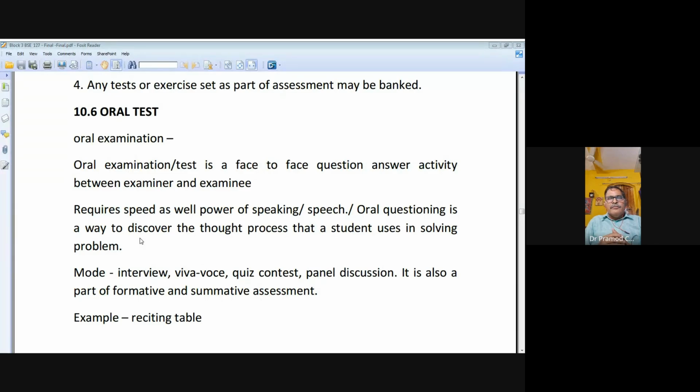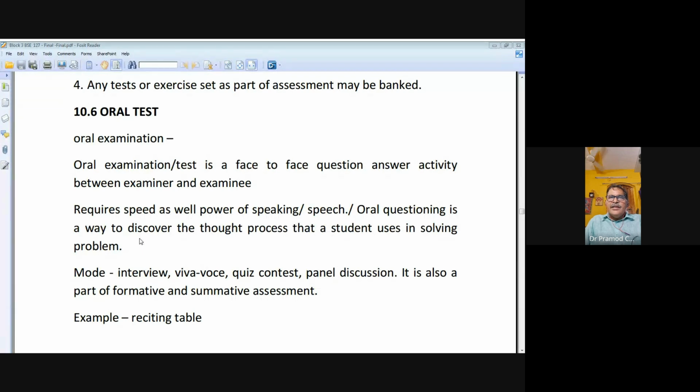Some questions will be put immediately by the teachers, the thought process will be very activated, and some problems will be given immediately, and the examiner will ask how you can solve this problem. So definitely we can conduct oral examination through interview.